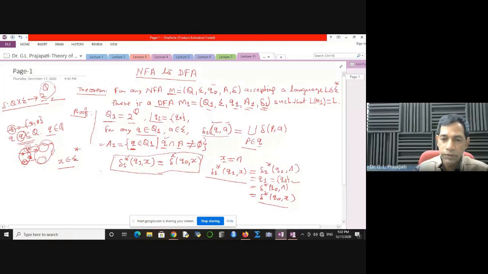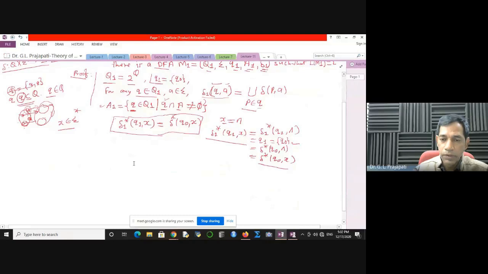Now suppose this holds: delta 1 star (Q1, x) is equal to delta star (Q0, x).